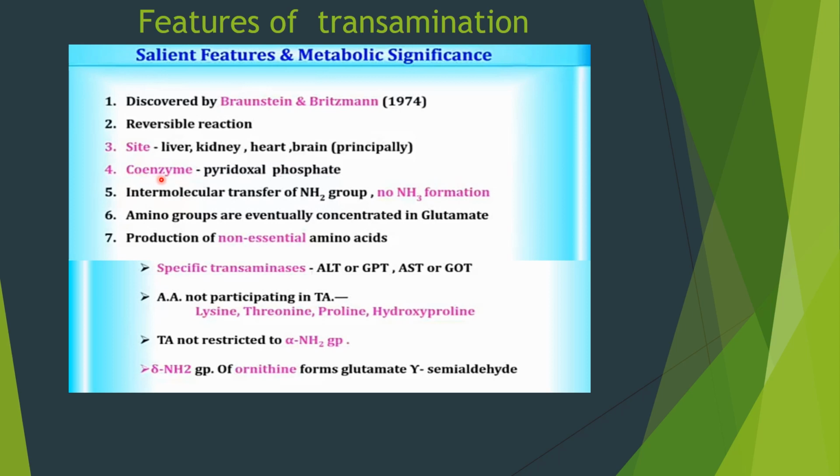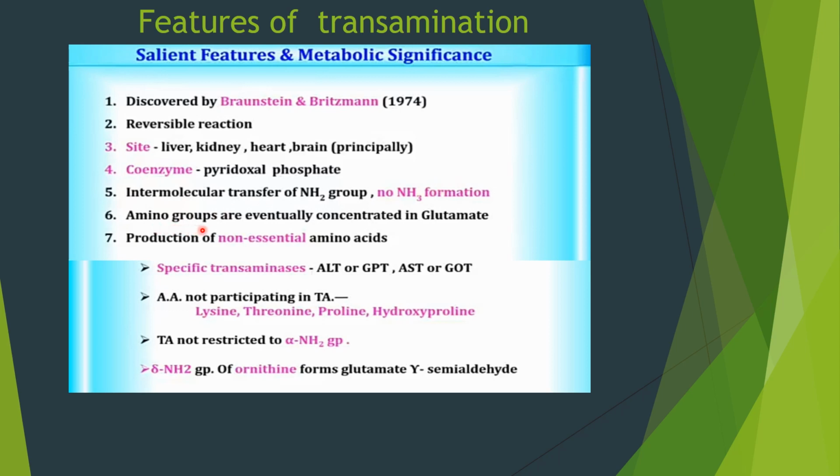They require coenzyme pyridoxal phosphate. During this reaction, there is only transfer of amino group from amino acid to keto acid. In this step, there is no formation of ammonia because ammonia is formed in the next step, that is deamination.